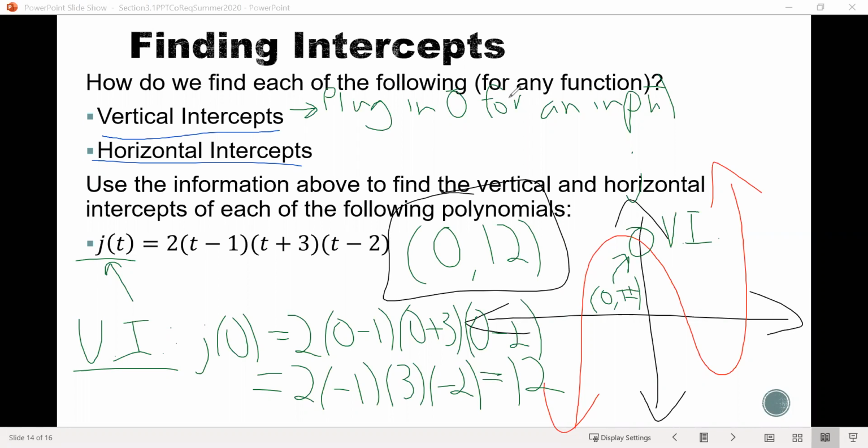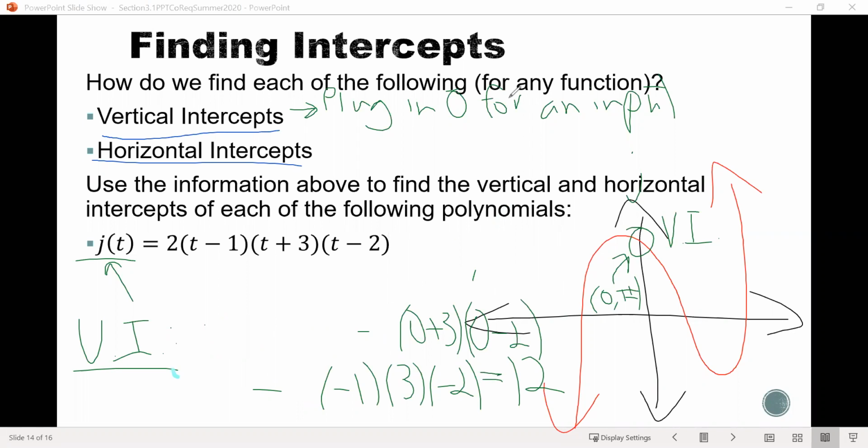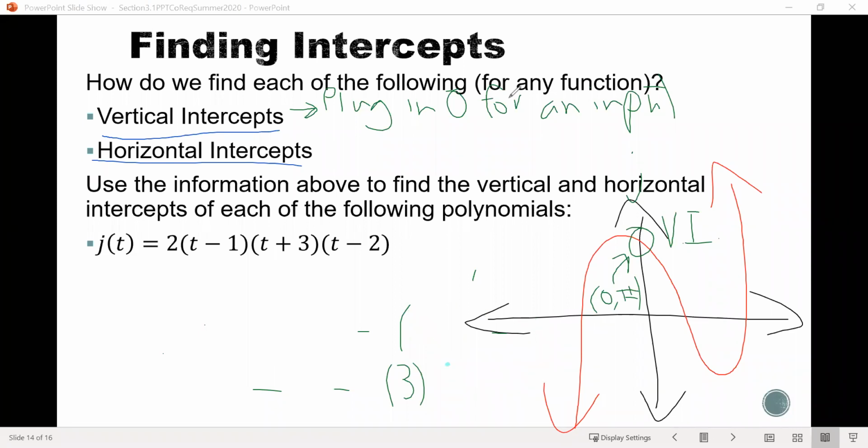All right, so then what about horizontal intercepts? How are they different? How are they found differently? Well, as the name implies, horizontal intercepts are places where we intersect the horizontal axis.